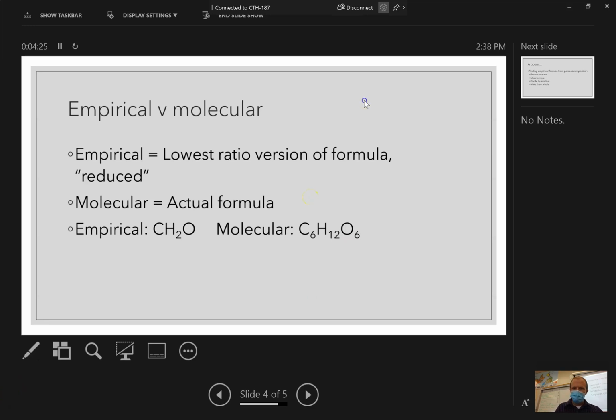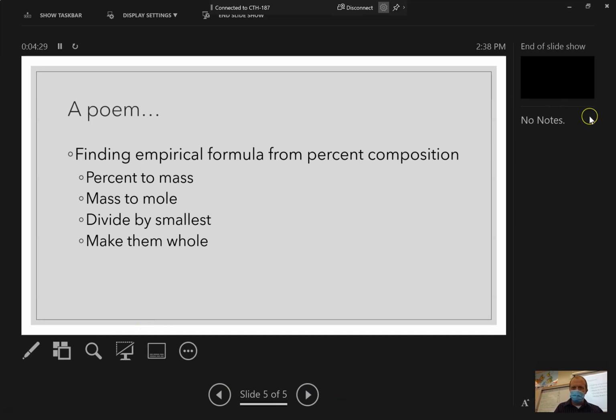A poem. And this poem is going to make more sense in a little bit when we go through some of these problems. But this way you'll have this here in your notes.